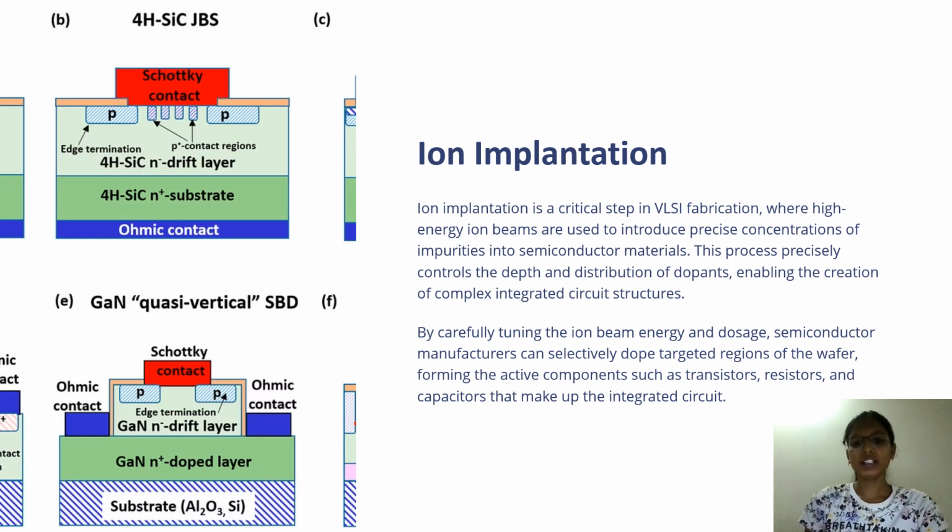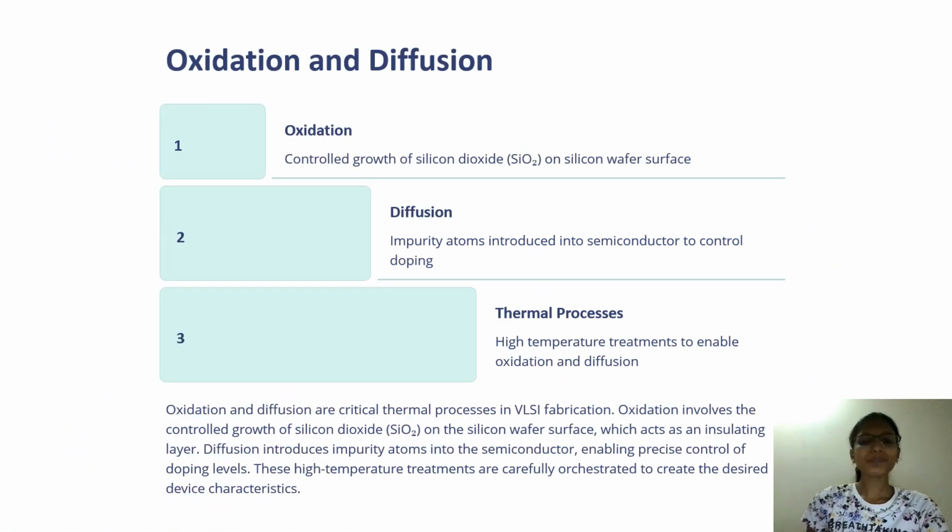By carefully tuning the ion beam energy and dosage, semiconductor manufacturers can selectively dope targeted regions of the wafer, forming the active components such as transistors, resistors, and capacitors that make up the integrated circuit.